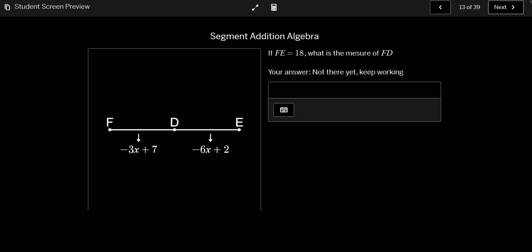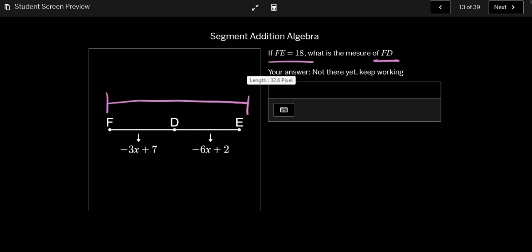Now, with all things in math, you can also introduce algebra into it. So instead of looking at just these numbers as they are, they're now represented as these expressions. So FD is represented as negative 3x plus 7, and DE is represented as negative 6x plus 2. And so the question wants to know, what is the FD distance if FE is 18?